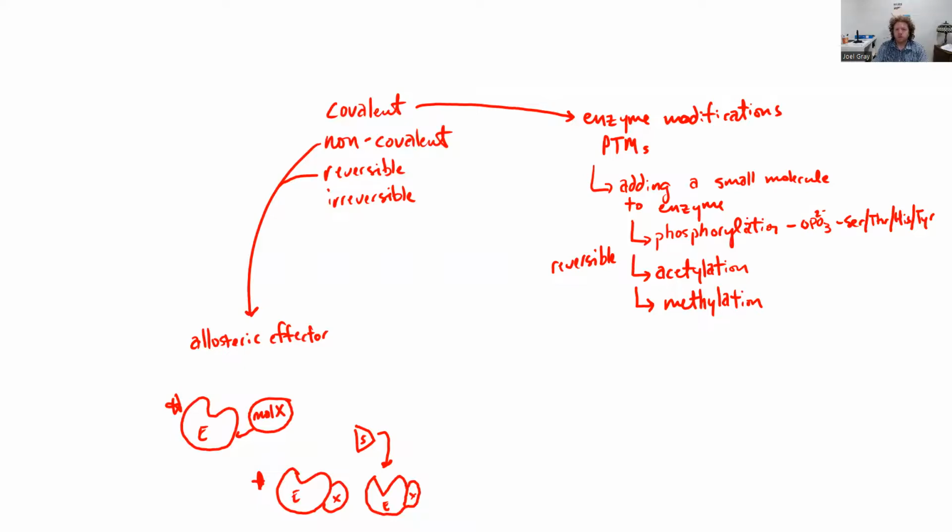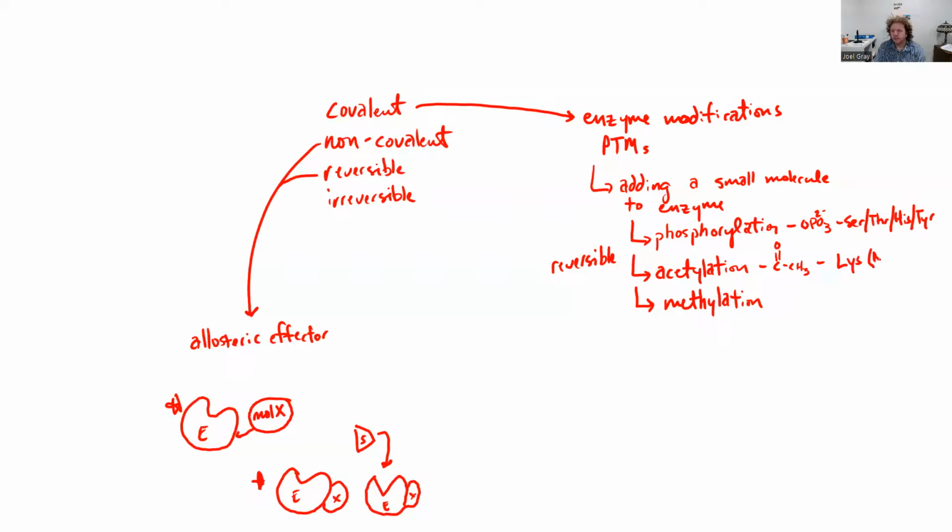Now, acetylation is going to be an acetyl group added to an amino acid, specifically a lysine at the N termini of a polypeptide sequence.